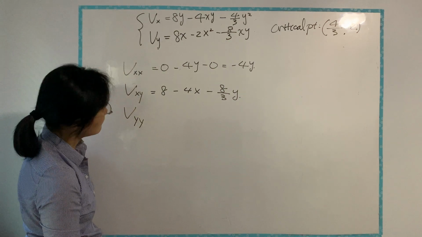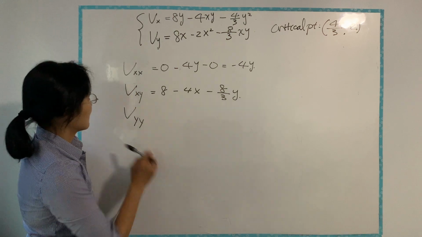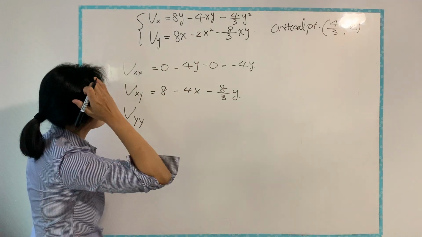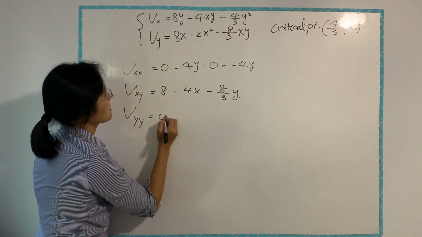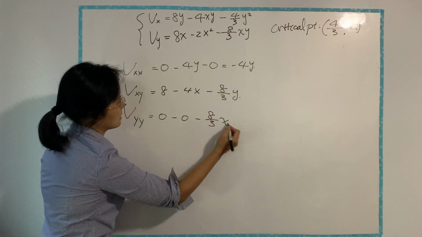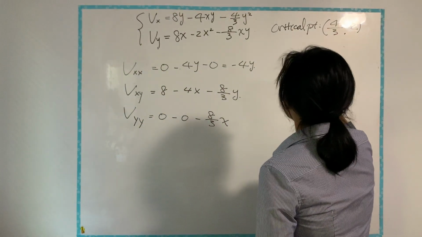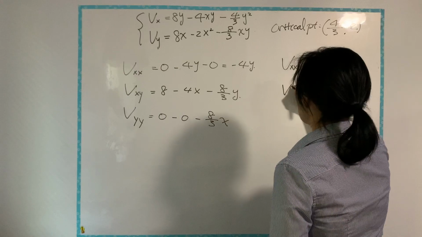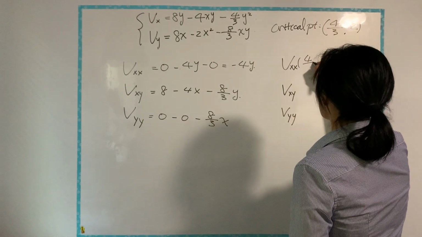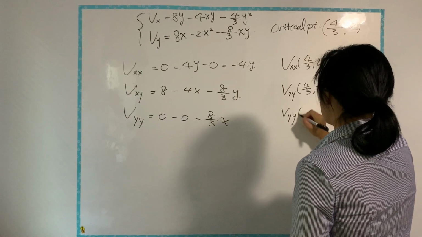Okay. V_yy. Take this differentiating with respect to y, so I get 0 minus 0 minus 8/3 x. Okay. So I only care about what happens at the critical point. So I'm gonna just evaluate these functions at the critical point.